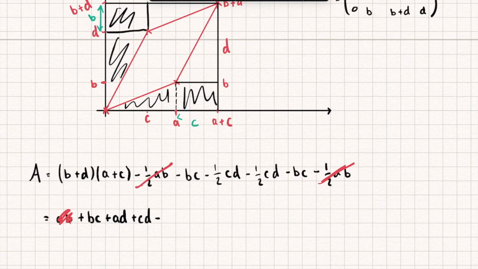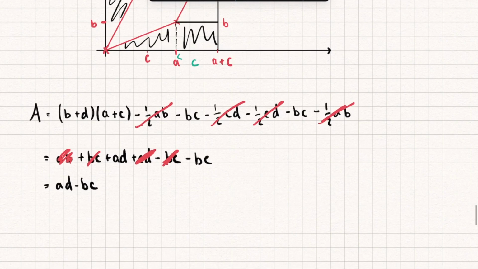We've also got minus 1/2 CD here, minus 1/2 CD here, so that's just minus CD. Well, that's going to cancel out with this CD, so we're just left with minus BC minus BC. And we'll notice again that there's a BC here that's going to cancel out with this one, and so we get left with the area of our parallelogram is AD minus BC.